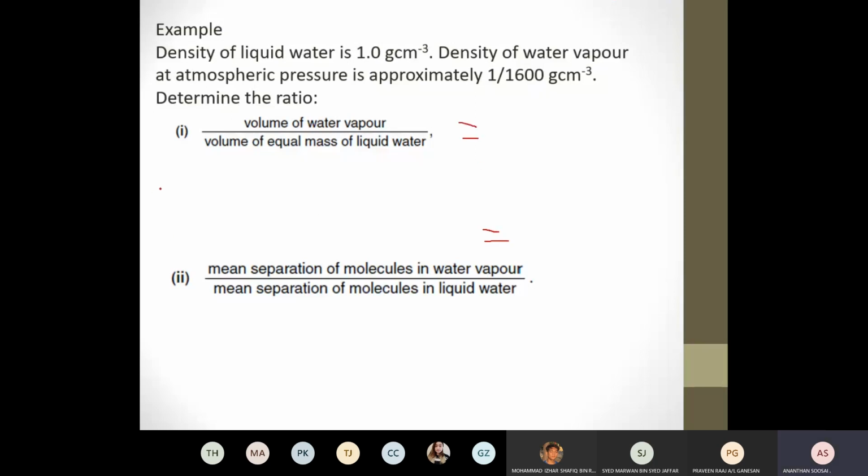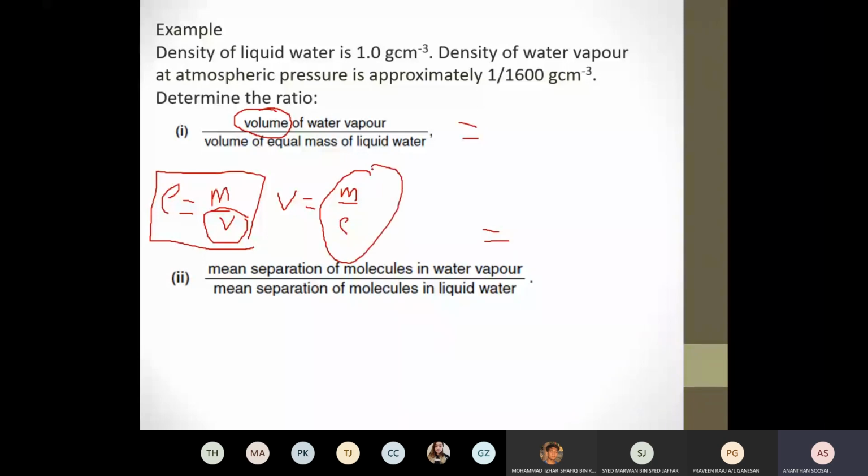Work out for me. Density is mass over volume. So volume is mass over density. Use this for both up and down. Ratio. What is the volume of water vapor?